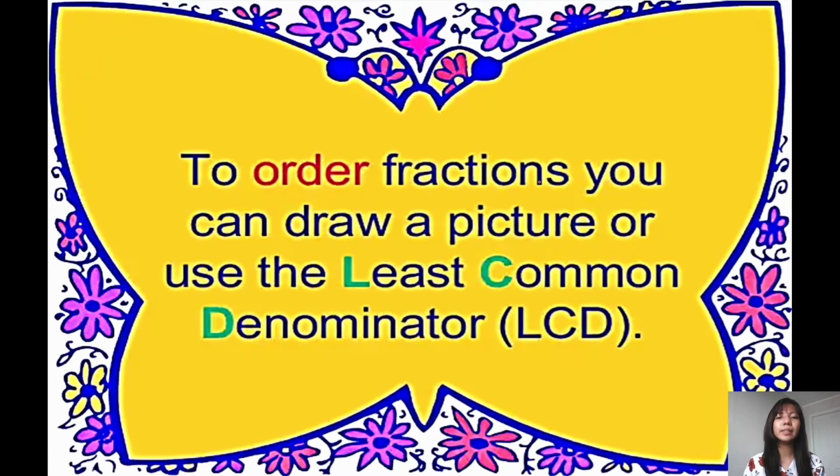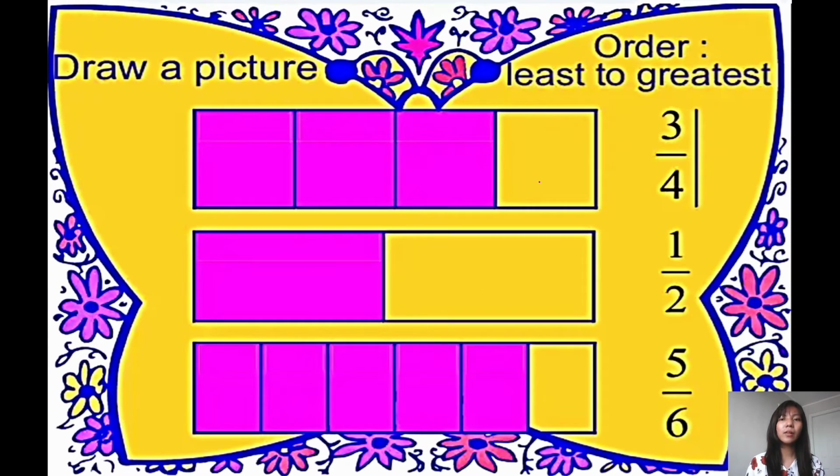In getting the least common denominator, it's like getting the LCM. Okay, in our previous lesson, I've taught you already how to get the LCM. So this is now another way to apply the LCM. Okay. Draw a picture. Order least to greatest.